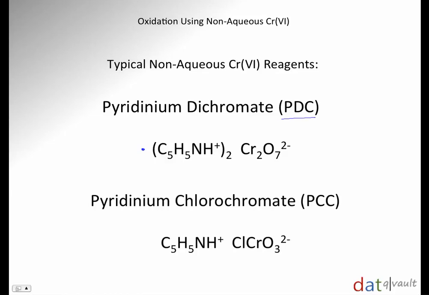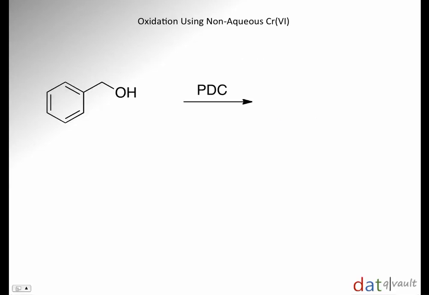We can also use pyridinium chlorochromate, which is abbreviated PCC, and is this reagent right here. Using non-aqueous chromium-6 reagents, we do not have to use concentrated sulfuric acid for the reaction to go, and because of that, these are far milder oxidation reagents. And I'll show you how that is.